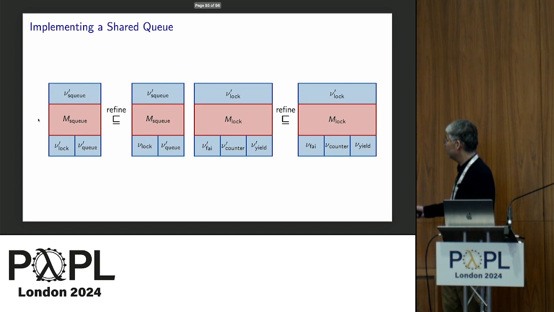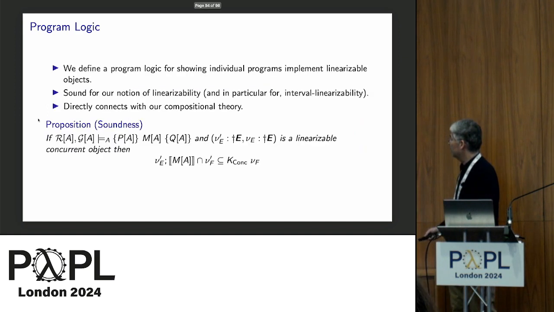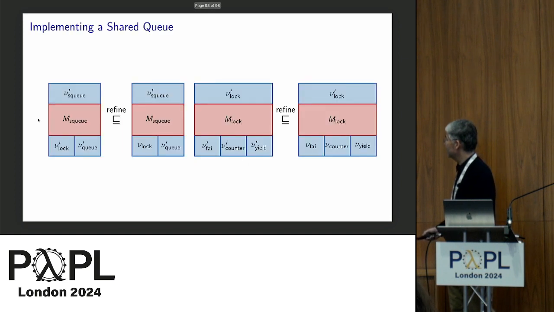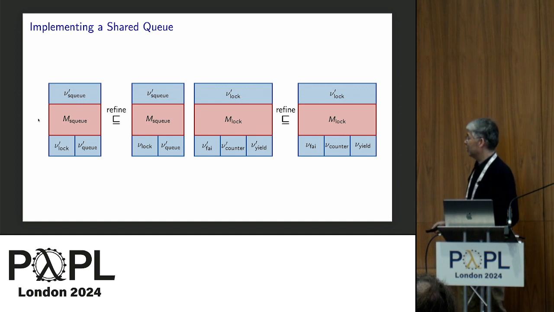I can prove the top one, and then compose with this log to do the vertical composition, and that would allow me to prove the shared Q together. I think I missed one slide here somewhere. No, it's correct because this is M shared Q. This log is implemented by M log, so then I can put them together.